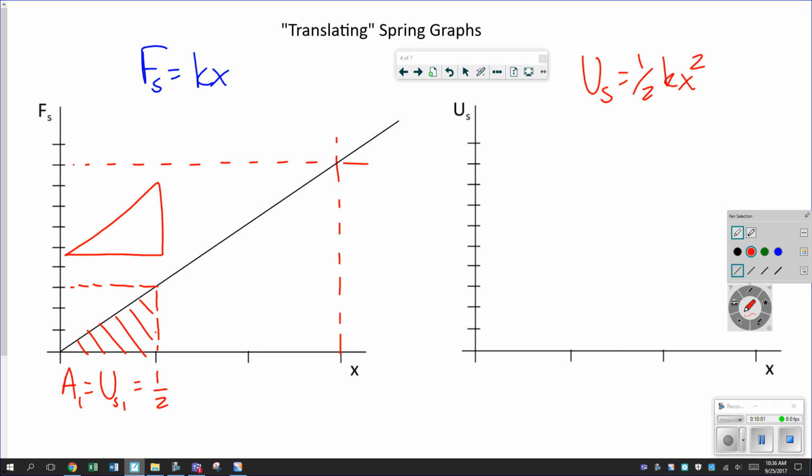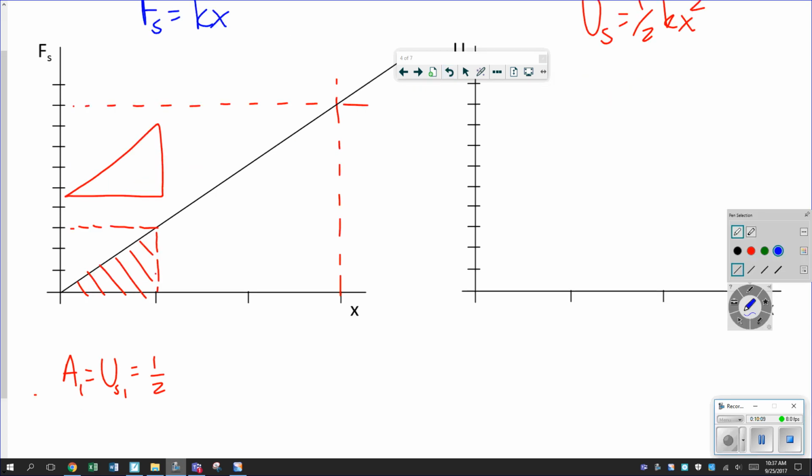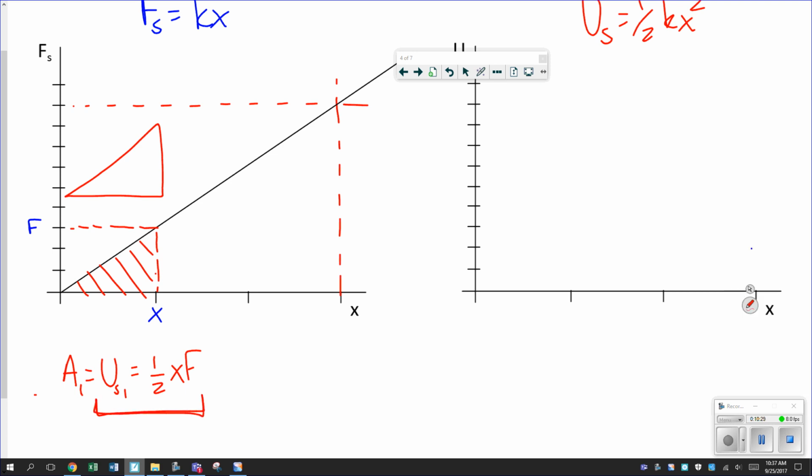Yeah, so that triangle has an area 1/2. Well, let's call this X, and let's call this F. All right. Well, this area is 1/2 X times F. So we've just defined that amount of energy.